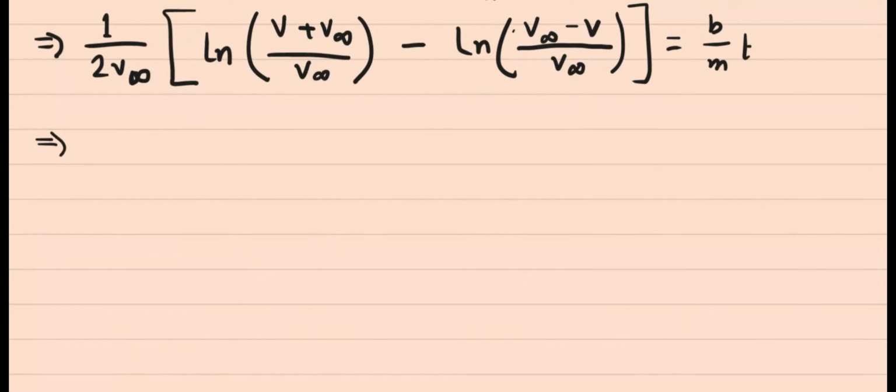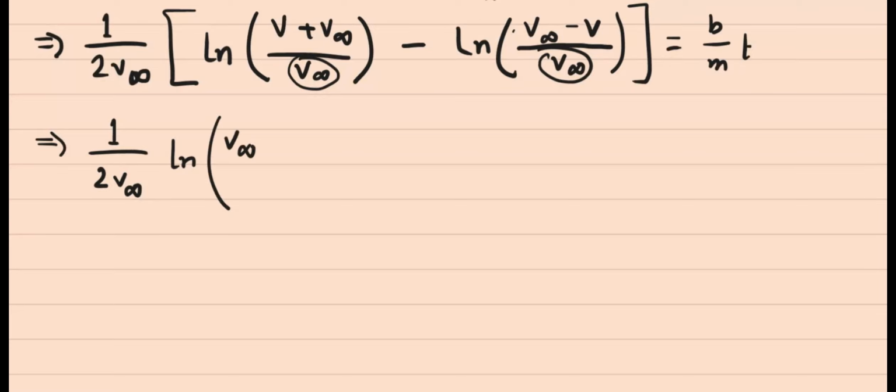So then, since we have this common denominator here and here, if we take these two logarithms and put them together, then according to the law of logarithms, this v infinity cancels the other v infinity, and we're left with v infinity plus v divided by v infinity minus v. And that is equal to b divided by m times t.